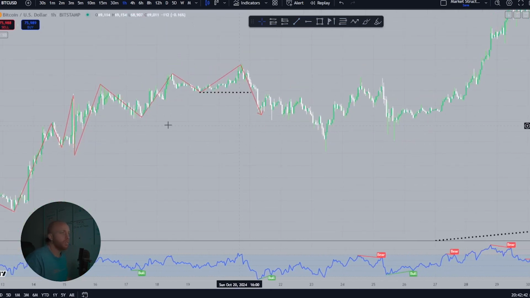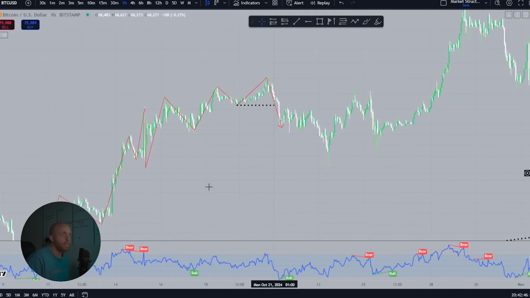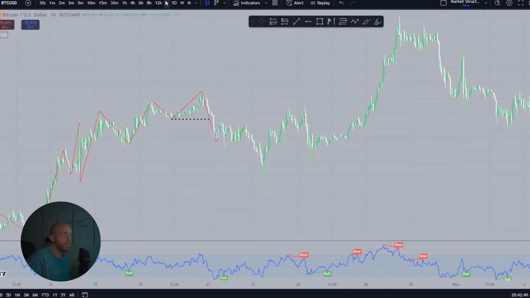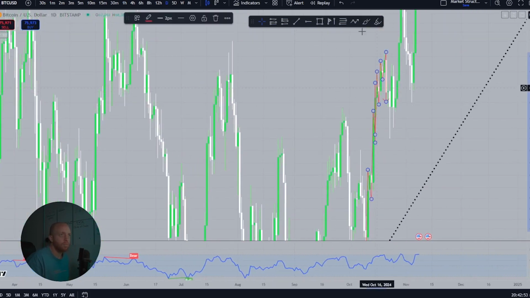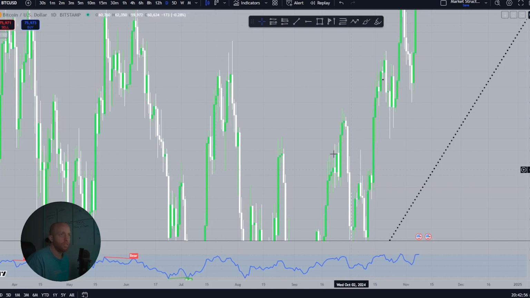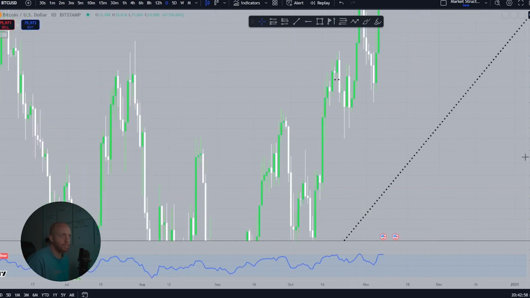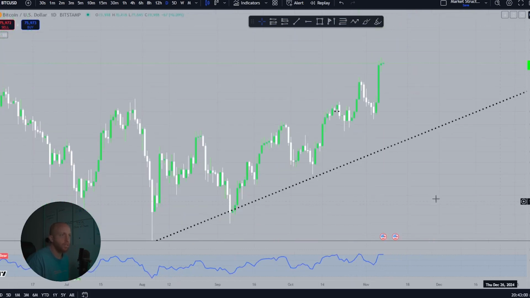And really, most of this is just for trading, but if you're looking at it on a bigger scale, if you're really just holding long term, just go ahead and do this. Go on the daily. Then you just pull your market structure. That way you can see what key levels.